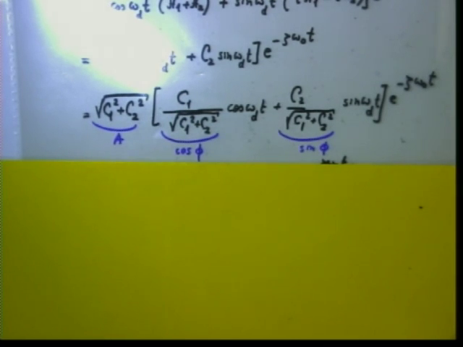It doesn't come from the sky. Because this quantity cannot take values greater than 1 by absolute value, I can call it sine phi. Now, if this is sine phi, then this must be cosine phi, because the square of this plus the square of this equals 1.